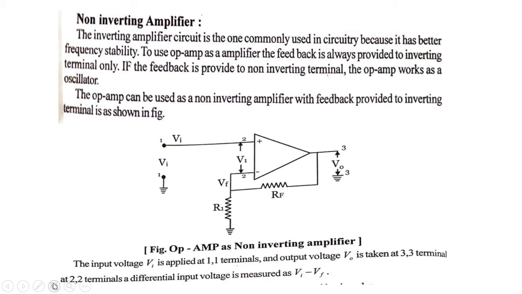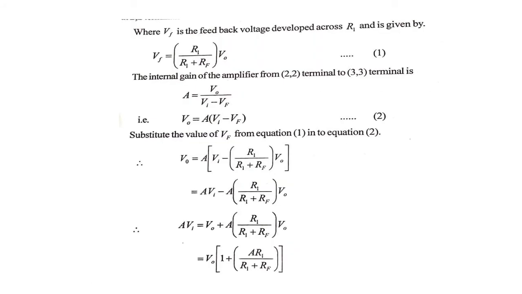At 2 terminal, a differential input voltage is measured as Vi minus Vf, where Vf is the feedback voltage developed across R1 and is given by Vf equal to R1 upon R1 plus Rf into V0.